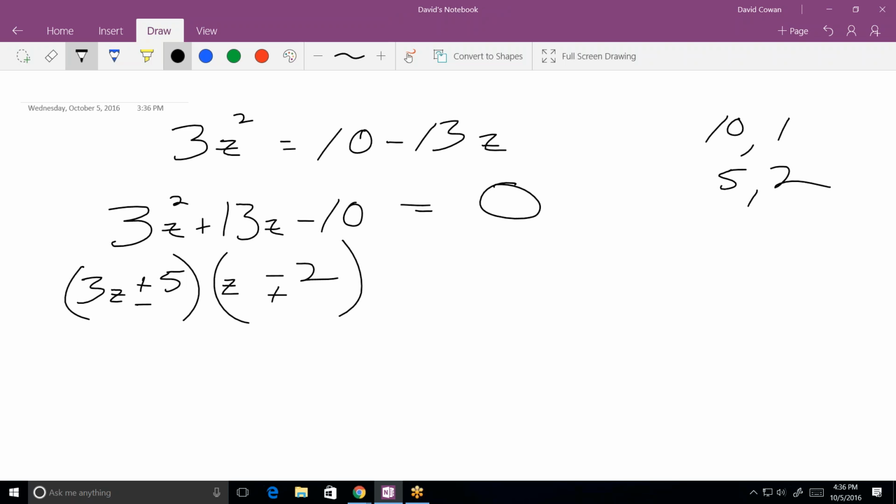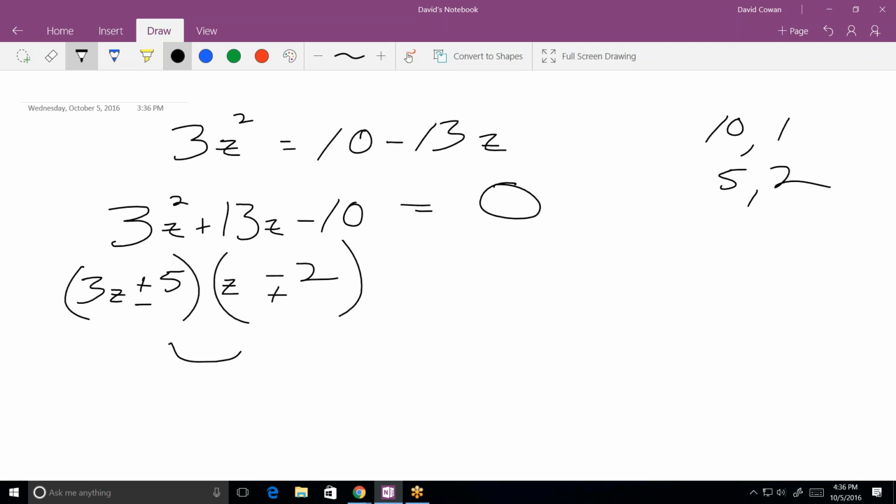And I basically am going to have four choices. I can do 5 there and 2 there, or I can do 2 there and 5 there, or I can move them down one and do those same two things. And the whole point is to produce a middle term of 13z. Well, what middle term would this produce?